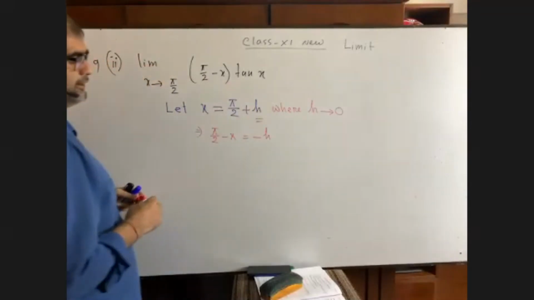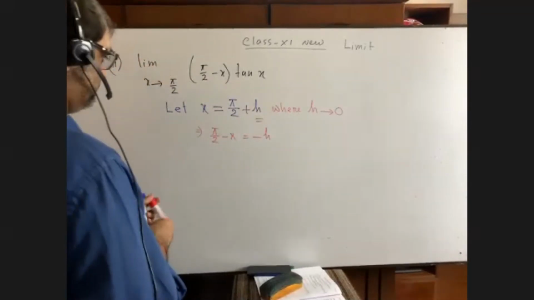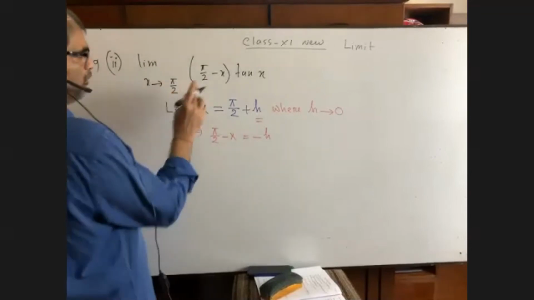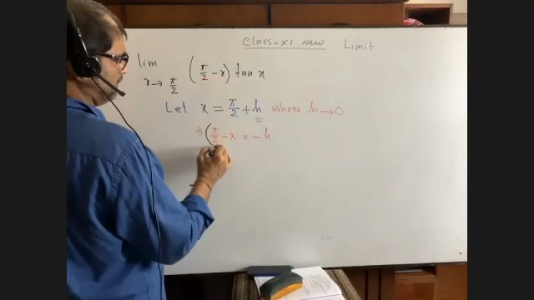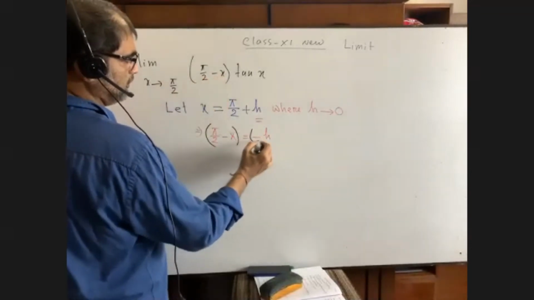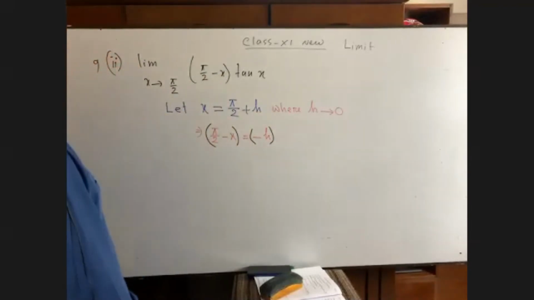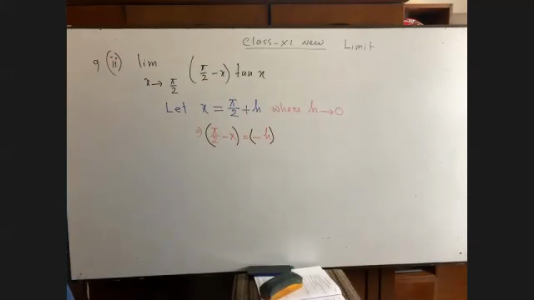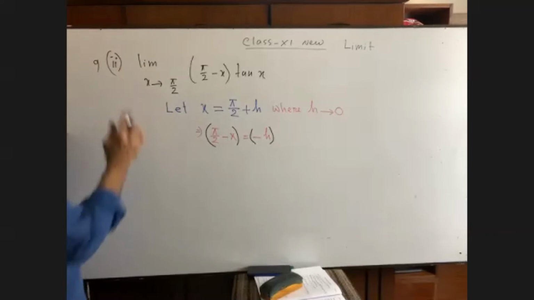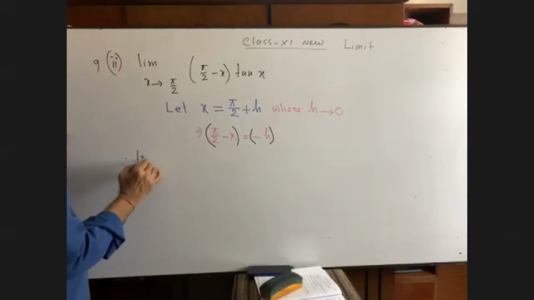Please try to understand this value. Pi by 2 minus x equals minus h. Therefore, we get limit.